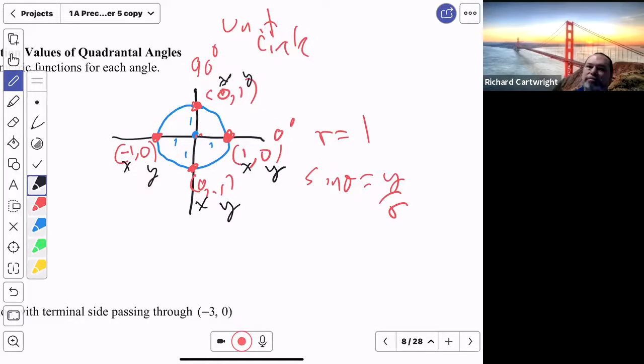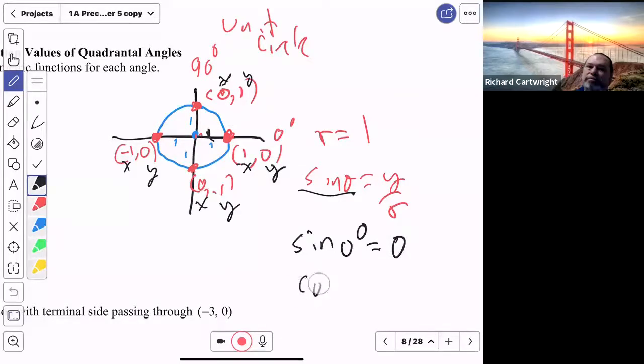So when I say I want the sine of my angle, then the sine of 0 degrees must be 0 over the radius, which is 1. 0.